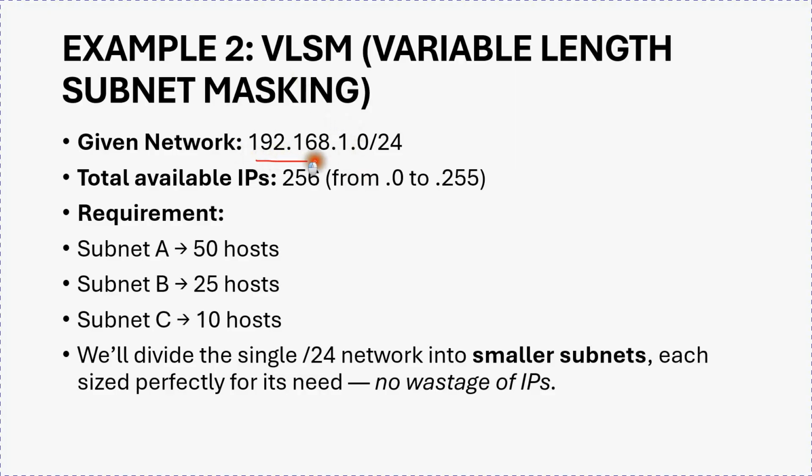We have a network. This is our network. You need to split this network into 3 subnets. The first subnet needs 50 hosts, the second subnet needs 25 hosts, and the third subnet needs 10 hosts. That is your question.